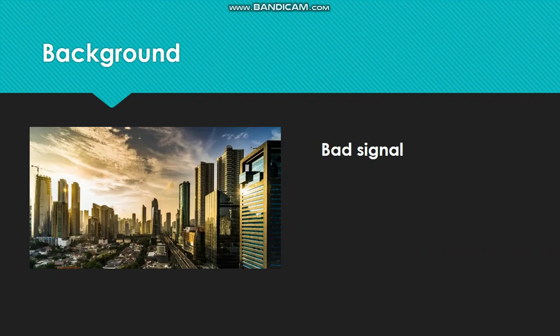So, what is the background of IBC? The main background of IBC is bad signal. Why is bad signal the background? Because the building has several factors, like the thickness of the building material, so the radio signal cannot penetrate into the room.